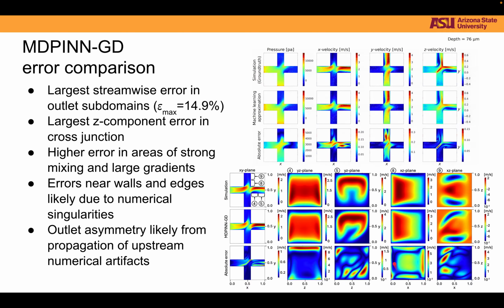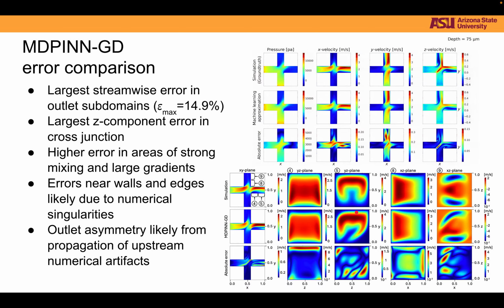Now we're interested to see where the errors are coming from, even with this additional global dynamics constraint. Shown at the bottom, there are errors that make the flow asymmetrical, and we attribute this to the singularities that occur along the edges of our domain.